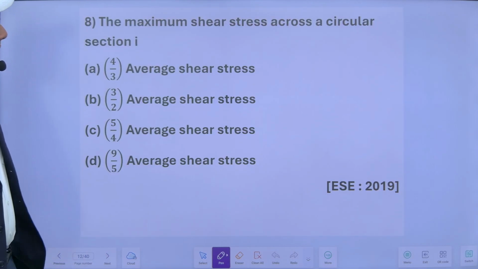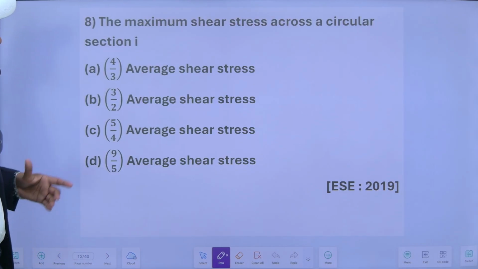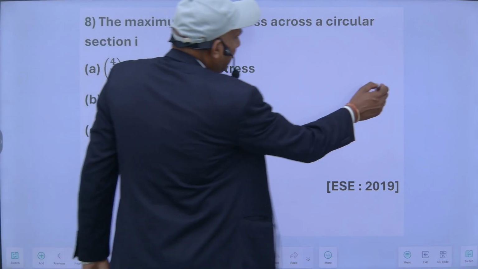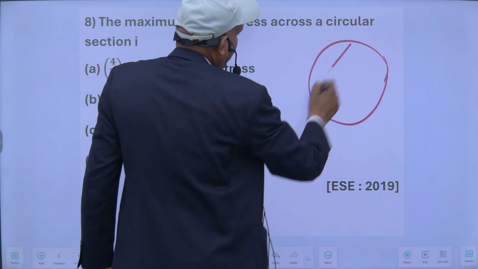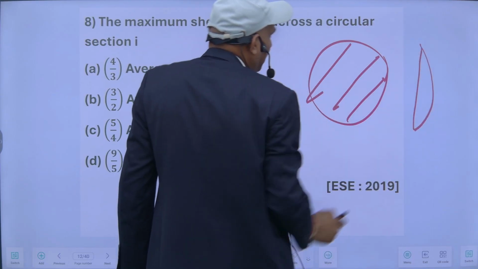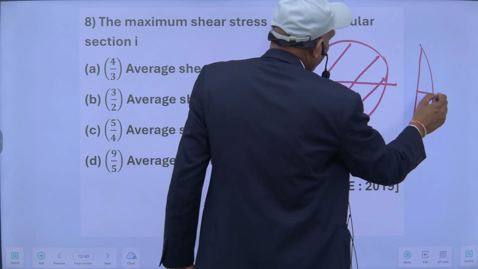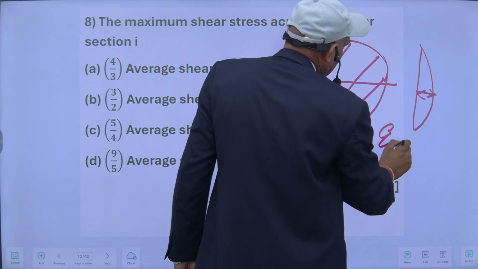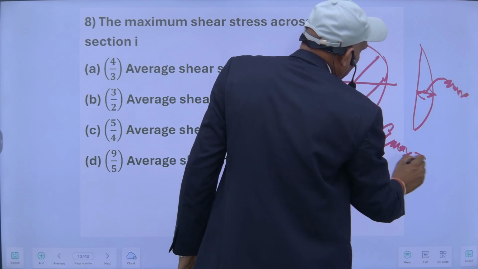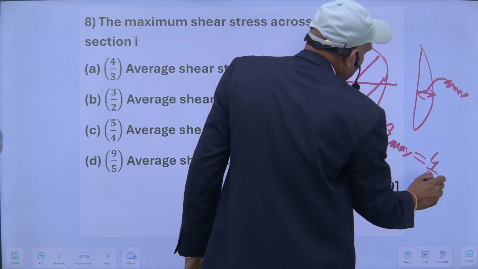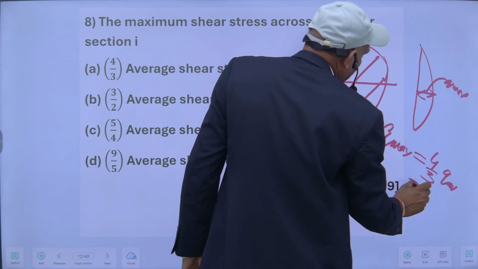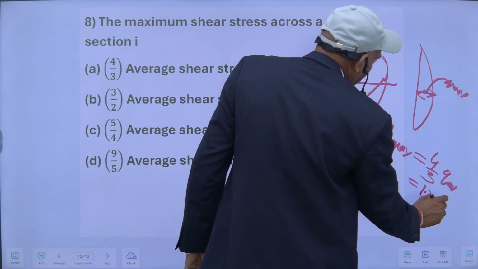Now, the maximum shear stress across a circular section is 4/3 of the average. In case of a circular section, the shear stress is like this. It will be maximum at the neutral axis, and this Q max is 4/3 times Q average, or I can say 1.33 times Q average.